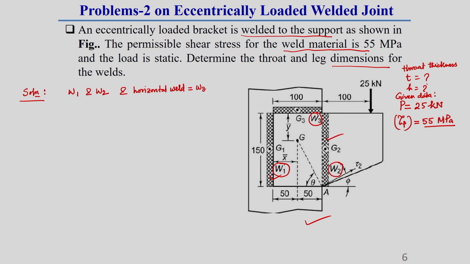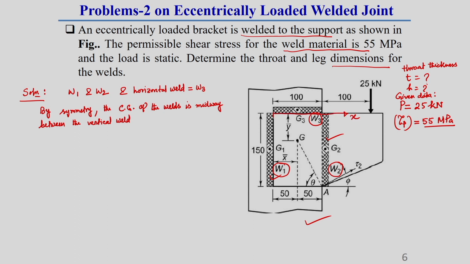Now, by symmetry, the center of gravity, CG, of the weld is midway between the vertical welds.